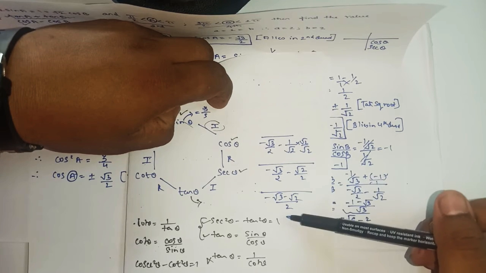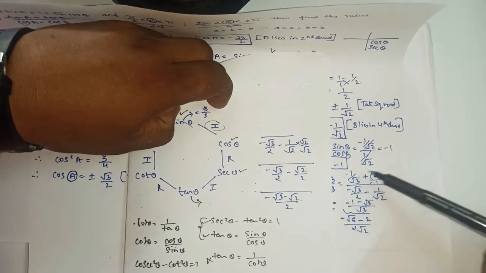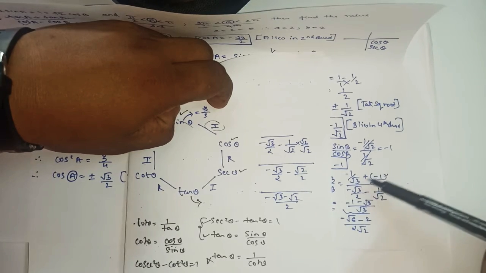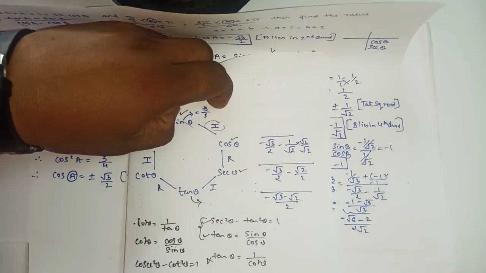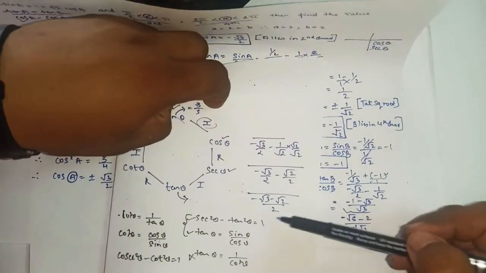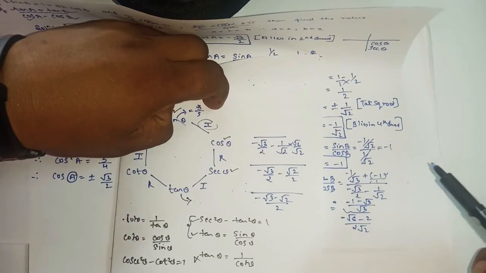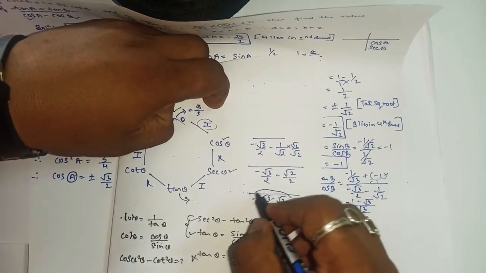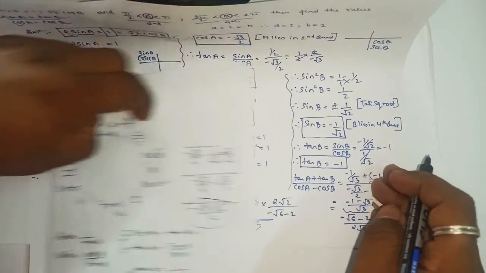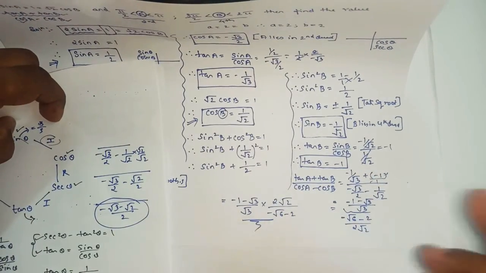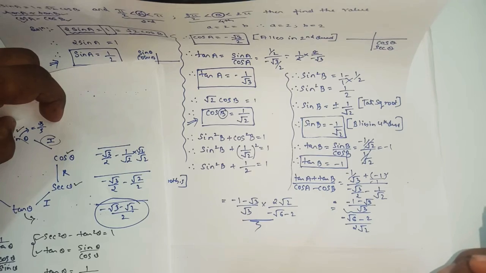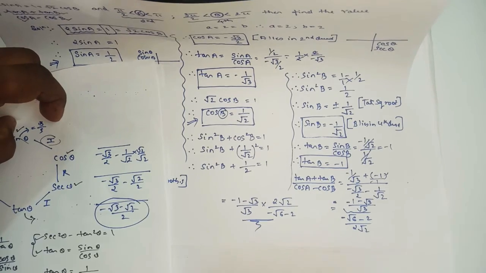The denominator is the same. In the numerator they did the same thing, cross multiplication, and the rest is the same. This will go up and the remaining part will be your answer. That is the change in the backside answer. But if you keep the answer like this also, you will still get full marks. Don't worry about this.